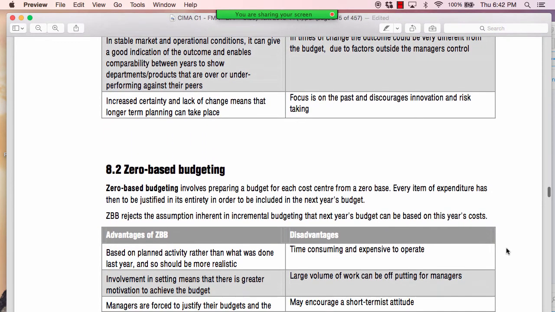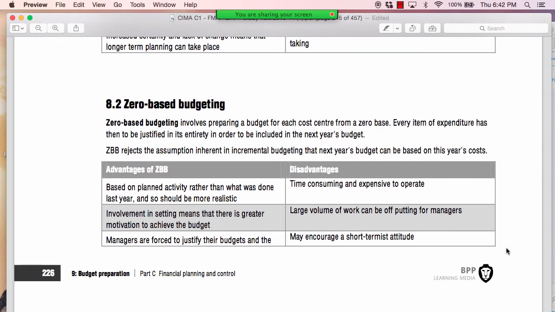Make sense? Now, zero-based budgeting, the disadvantage is it's time consuming, right? Because I'm starting from scratch and building my budget. There are lots of advantages because it's looking at the current environment.